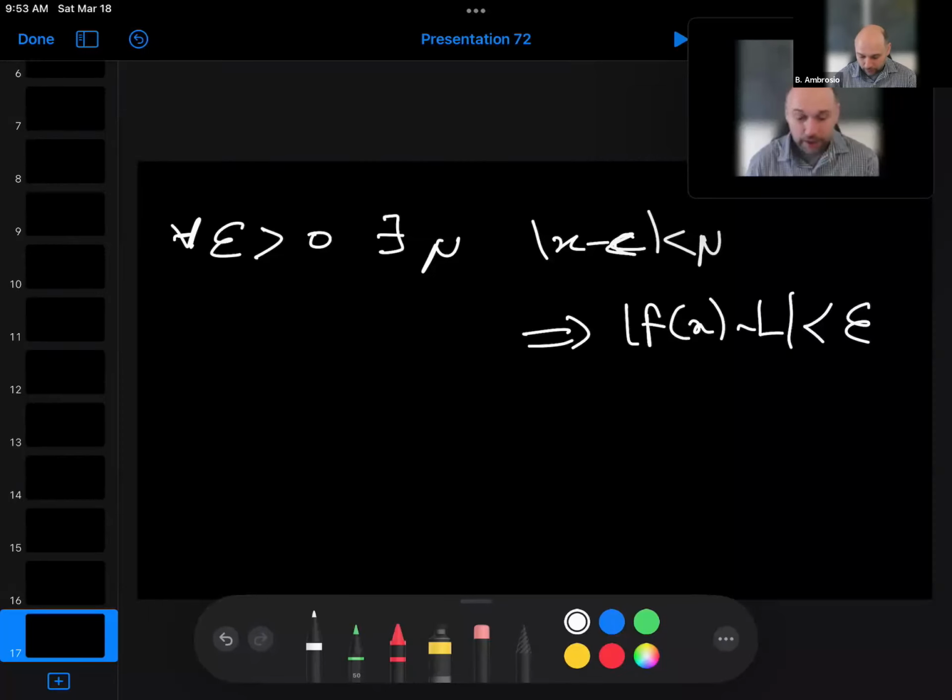Here the absolute value represents the distance. What does it mean? For any distance epsilon, as small as I want, I can find a number that ensures that if the distance between x and c is small enough, the distance between f of x and L is less than epsilon. And this is a rigorous definition of the limit.